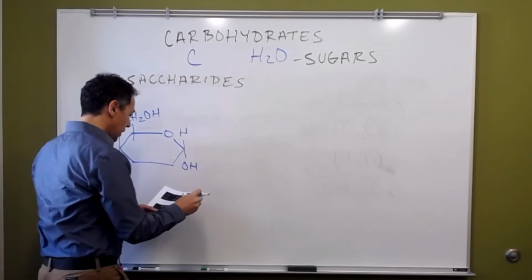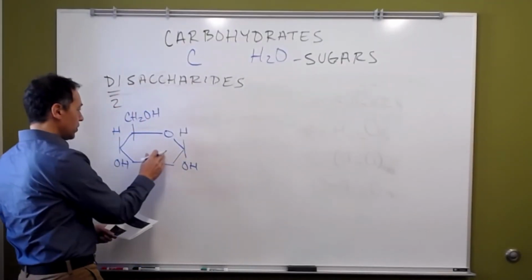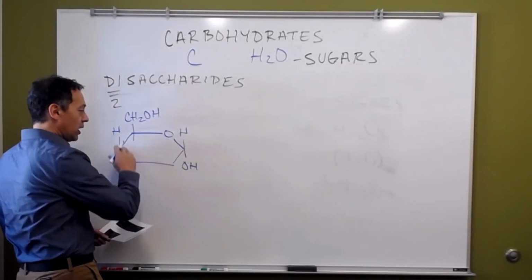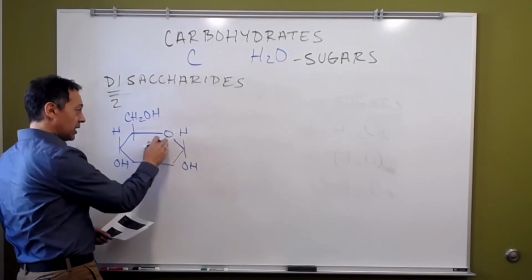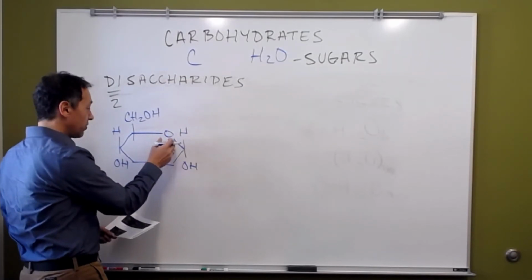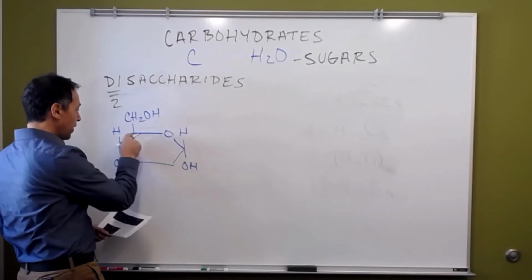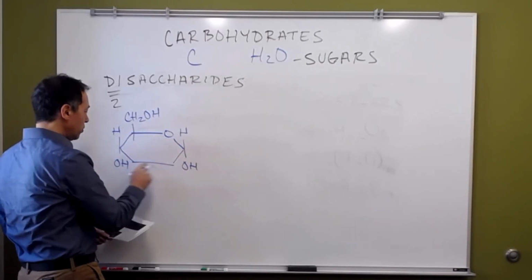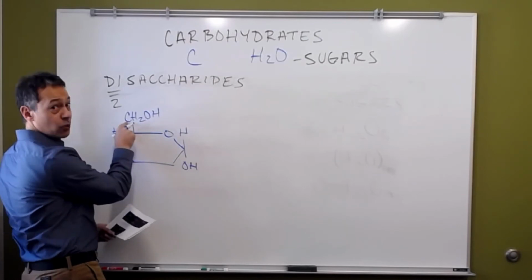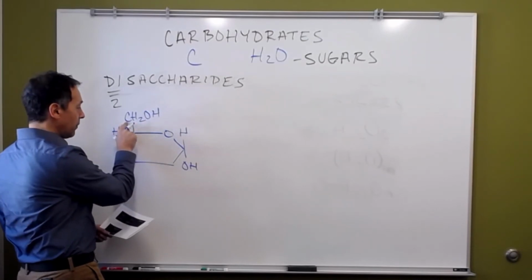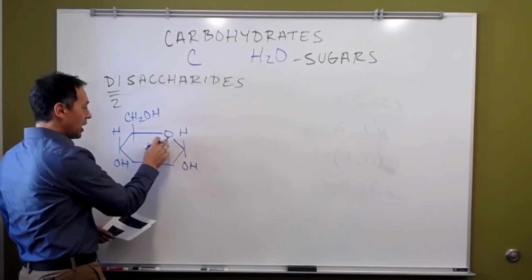It's like a cyclohexane, but then we have an oxygen here, so it's kind of like a cycloether. But anyway, there's 5 carbons, 1, 2, 3, 4, 5, and then a 6th one up here, in a ring structure with the oxygen here.